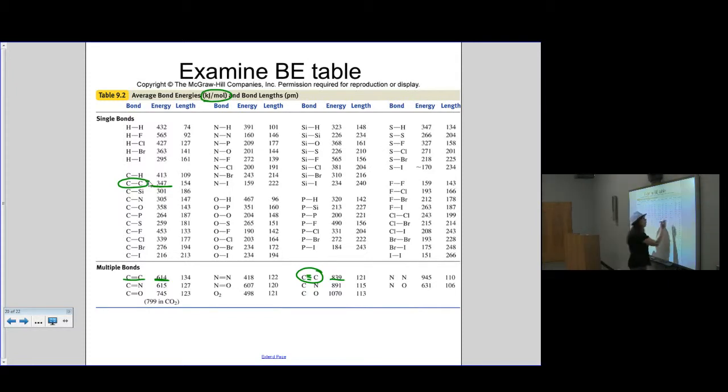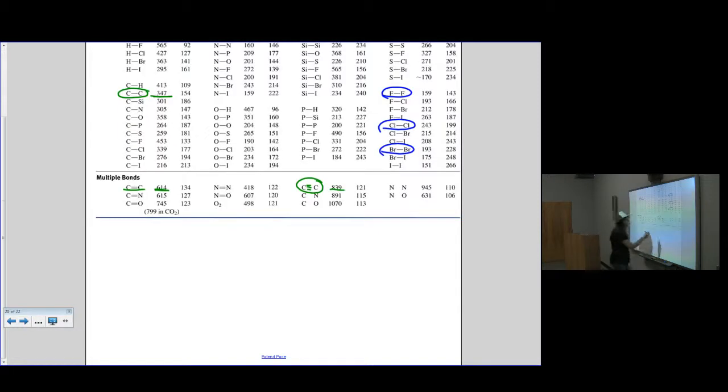I also want to look at something about fluorine and chlorine, and let's say bromine. Now, fluorine is a very small atom, as you'll learn later. So there's not very much distance between the two nuclei, and that has a kind of low bond energy.